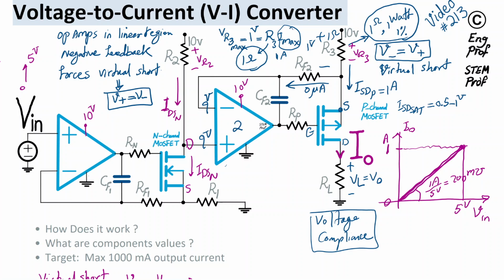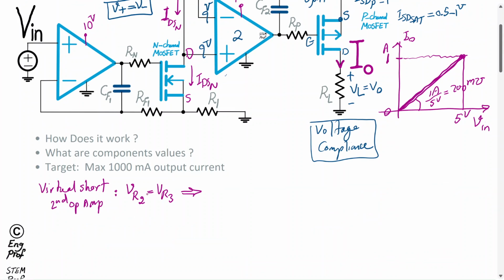I'm going to write IDSN times R2 is equal to VR2. On the other side, we have ISD of the PMOS, which is effectively the output current, times R3, equal to VR3. So let me summarize that here.